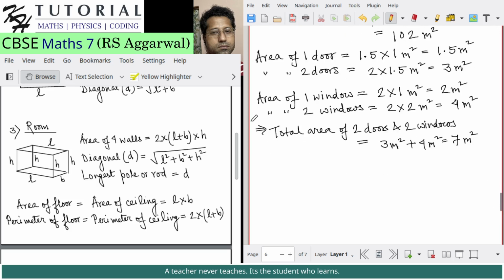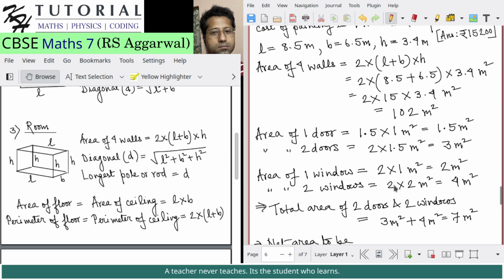Okay. So this implies that we can now find the net area to be painted. Net area to be painted will be equal to the area of the four walls minus the area of two doors and two windows.